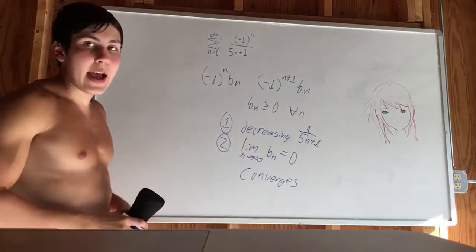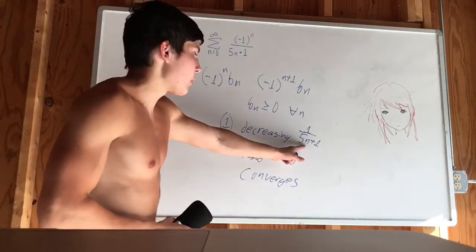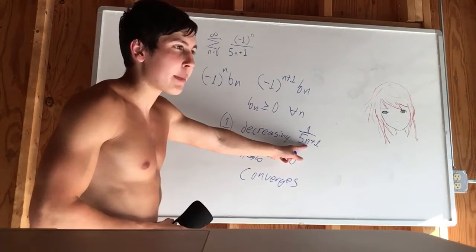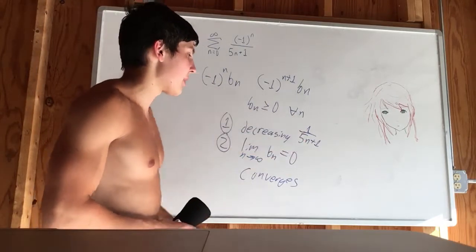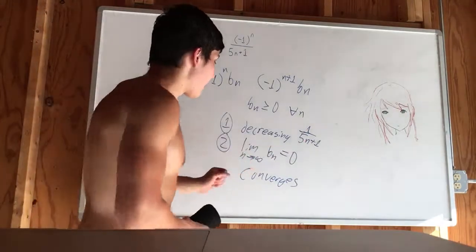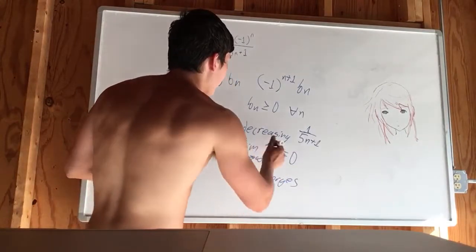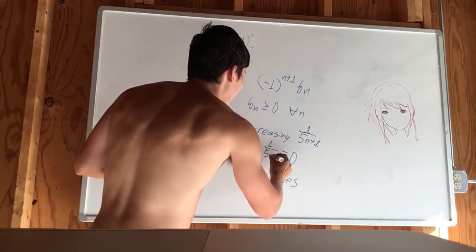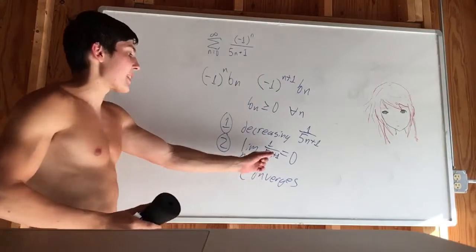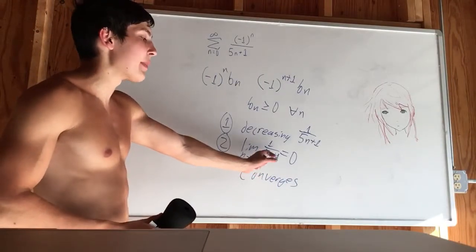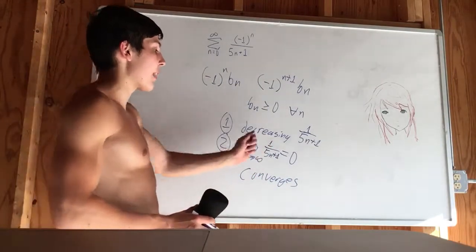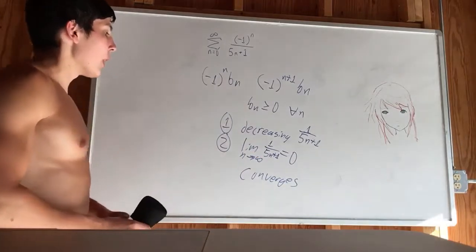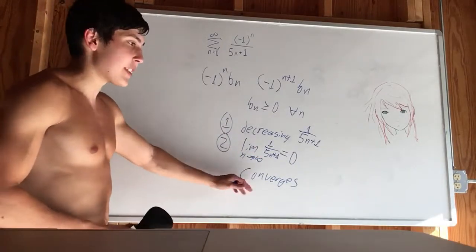It is decreasing, because we're plugging in greater and greater values each time, so the denominator is getting larger. That means it's decreasing. What if we plug in infinity wherever we have an n? Is it 0? Yes, because infinity in the denominator gives us 0, since we have 1 in the numerator. So it met both conditions, so it converges.